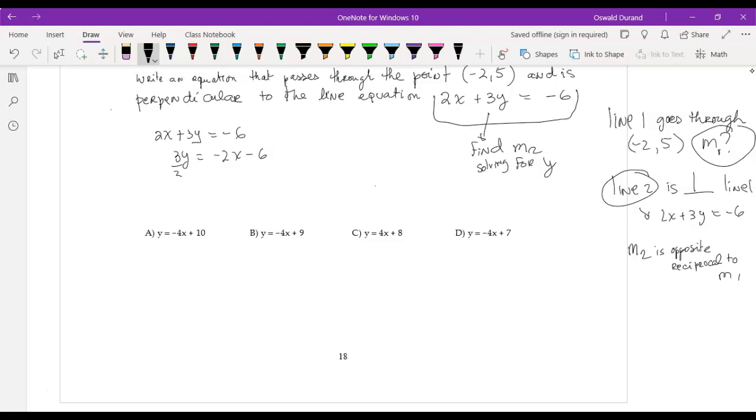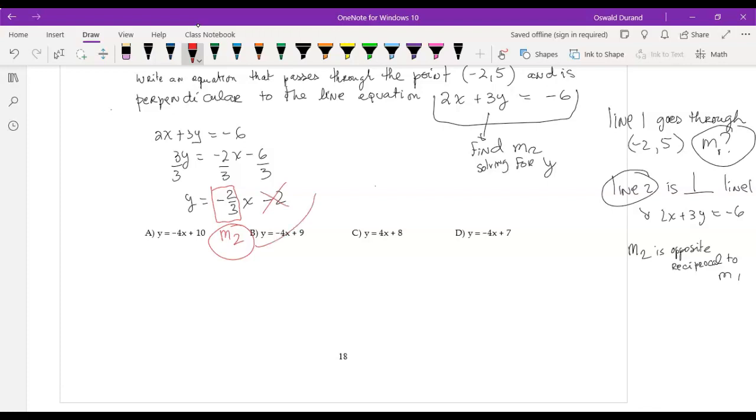Divide by 3, and I'm going to divide everything by 3, and I do it by terms. And I get y is equal to negative 2/3 x minus 2. Beautiful. All I need is this, because this is what? M2. I don't need this.